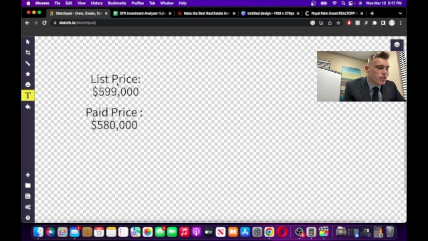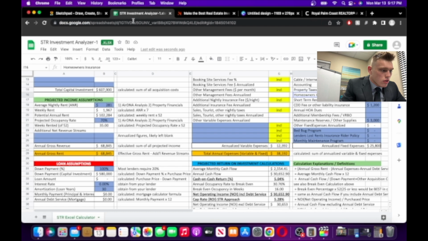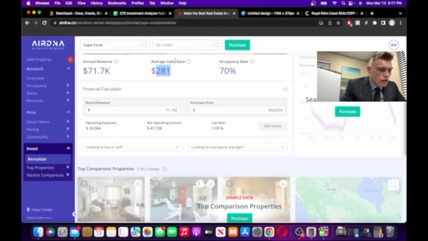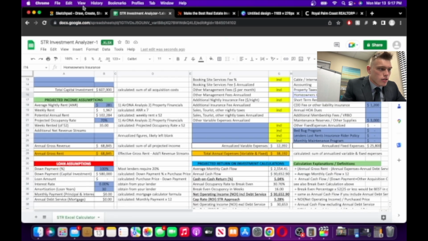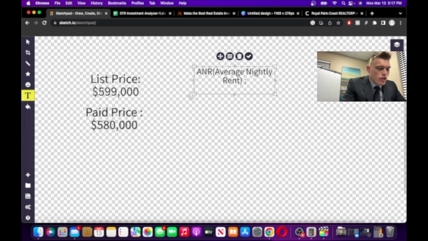So we have a list price of $599, a paid price of $590, and average nightly rent of $283, I believe. Yeah, $281. Okay, so $281 average nightly rent.